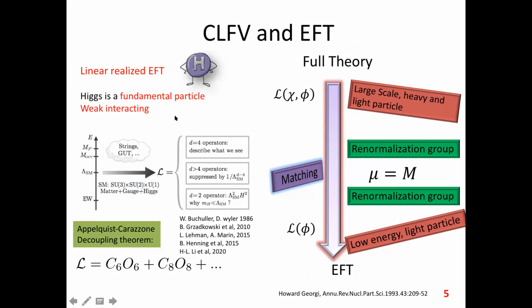I think many people have discussed the EFT; here there are dimension 6 and dimension 8 operators. For the relation between the full theory and the EFT, in the high energy scale we have both light and heavy particles, but in the low energy EFT we only have light particles. So we should integrate out all the new degrees of freedom and then get a matching to the low energy EFT. This is the whole picture of the EFT.